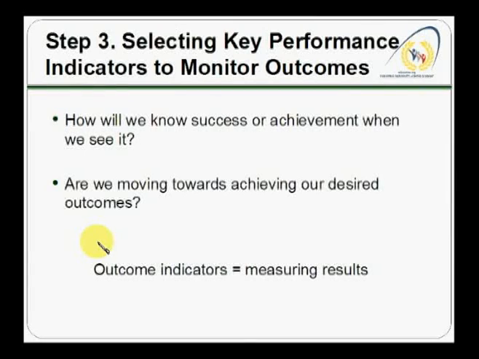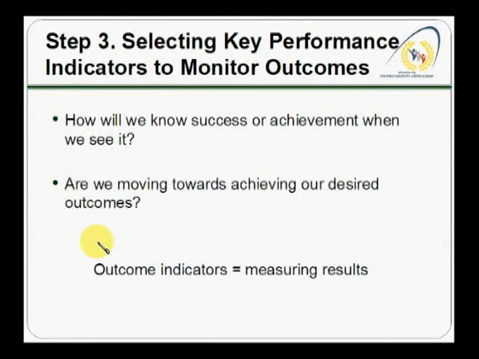Moving on to step 3: once we have identified your outcome statements, the next step is to identify and select key performance indicators that you will use to monitor your outcomes.